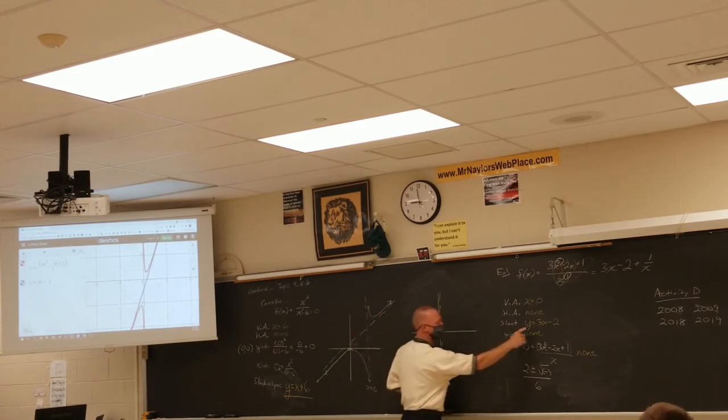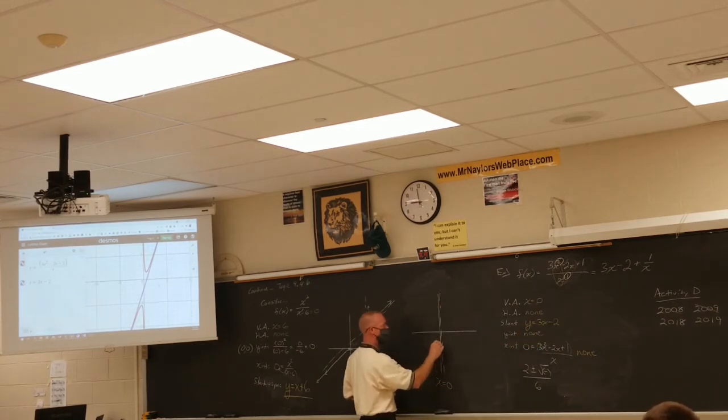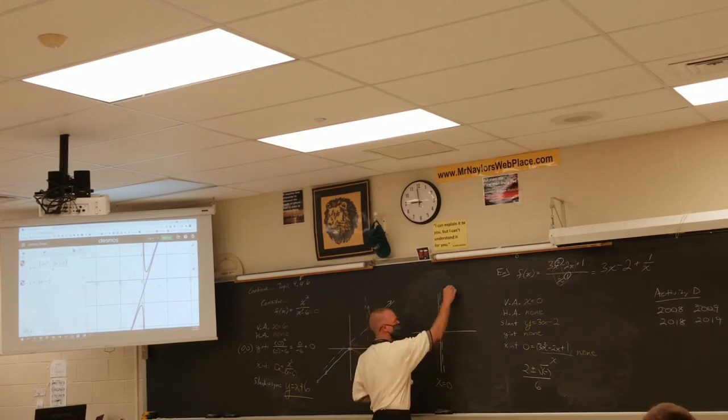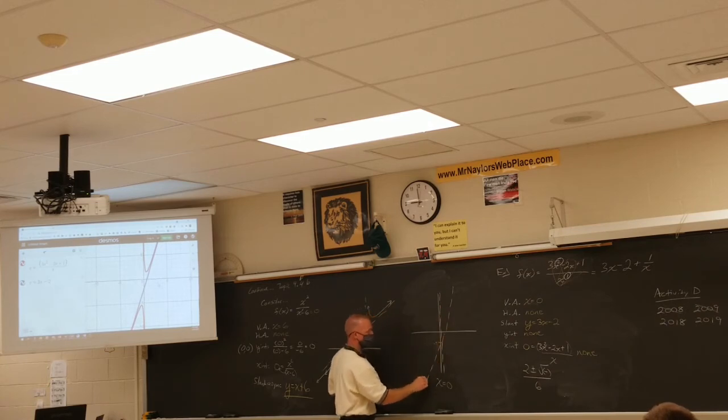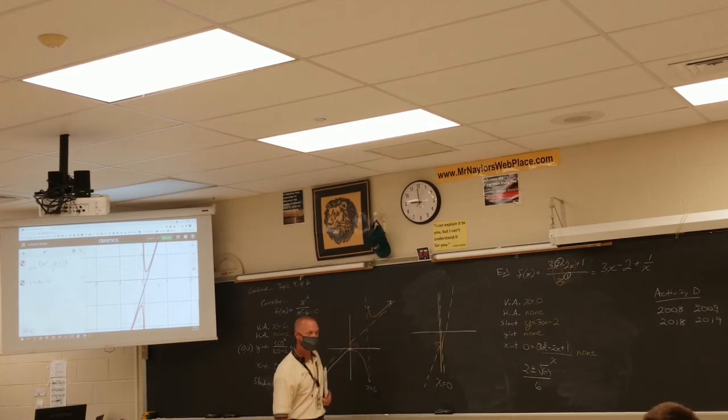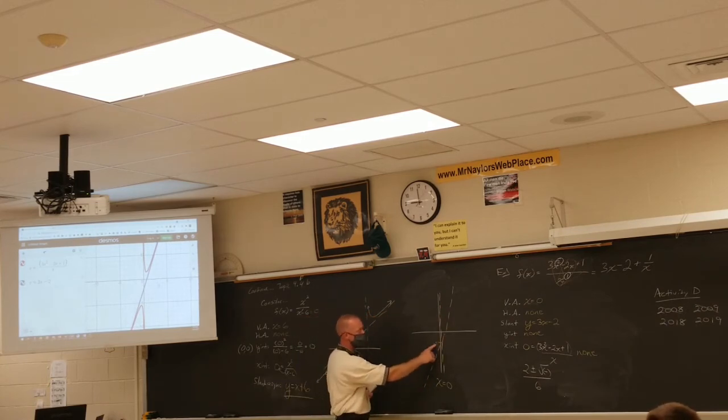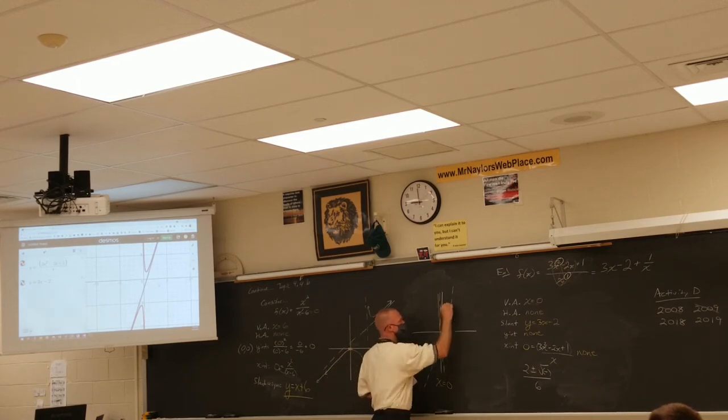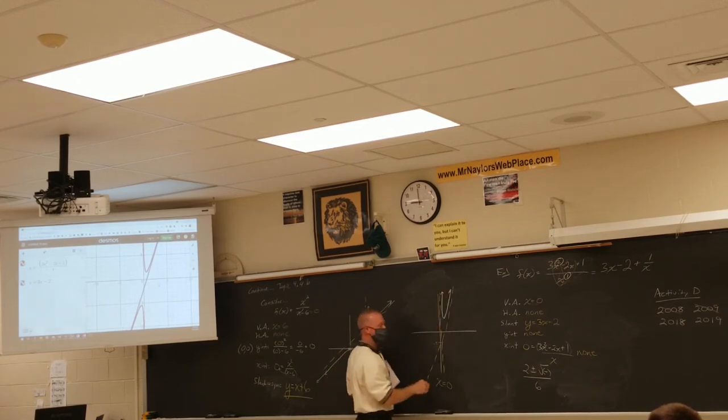Now look, when I graph this slanted line, I really should graph it according to the y-intercept. The y-intercept's -2, and the slope is 3. So I kind of want to draw a line that looks like it has a y-intercept of -2 and a slope of 3. But the branch kind of squeezes in here.